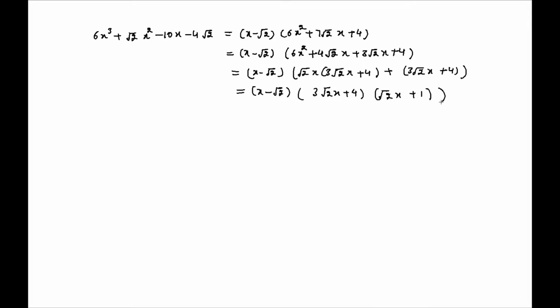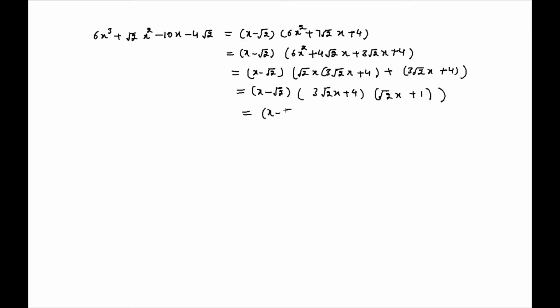So x minus root 2, you take root 2 x common. So 3 root 2 x plus 4 in one bracket, plus take 1 common, so 3 root 2 x plus 4 in another bracket. x minus root 2, take 3 root 2 x plus 4 common and you will have root 2 x plus 1 in another bracket.